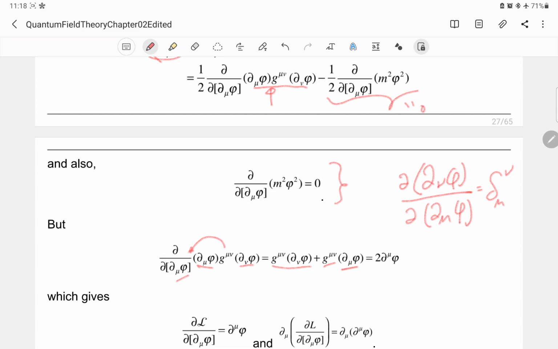So if they're equal, then it will be 1, but if they're not, it's 0. So therefore this is just equal to 2 partial mu of phi.